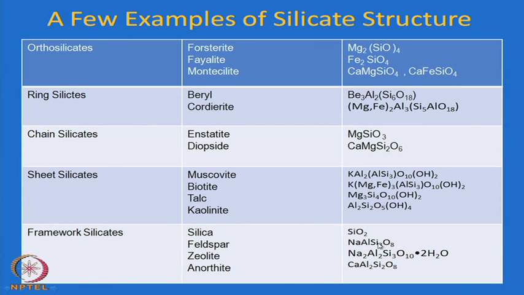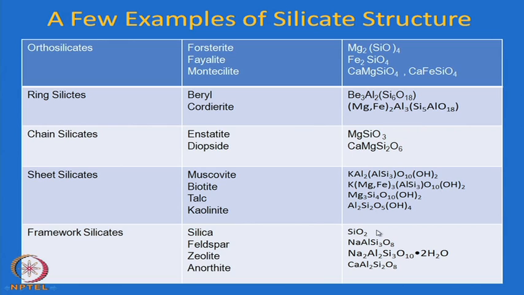Silicon has tetravalency, 4 positive charges, whereas aluminum has only 3 positive charges. So, it has one less positive charge. To satisfy that charge, another extra positive charge has to come in from the alkali ion, and that is why sodium and aluminum together are as if replacing one of the silicon. Otherwise it is basically a silica structure.